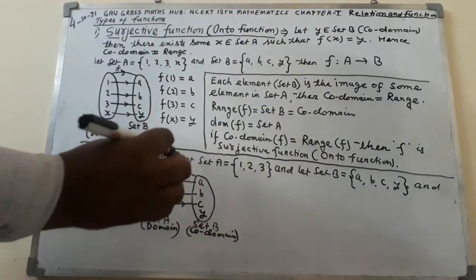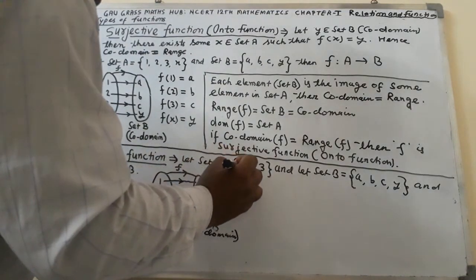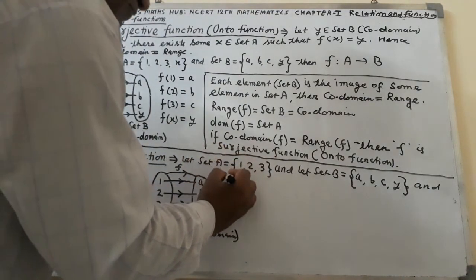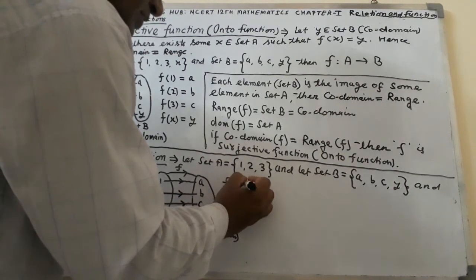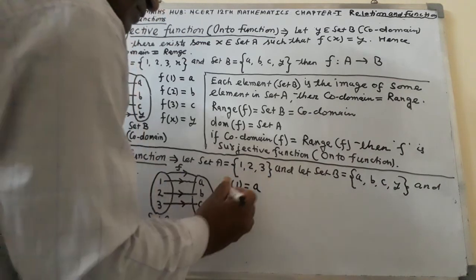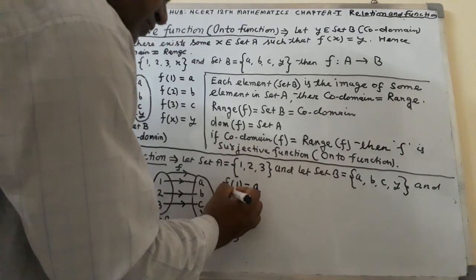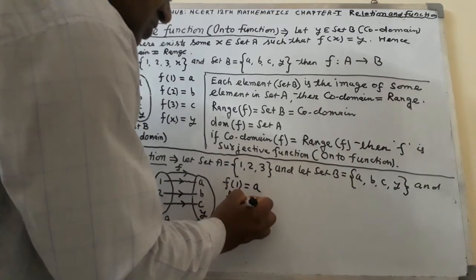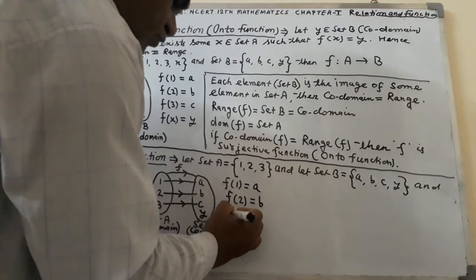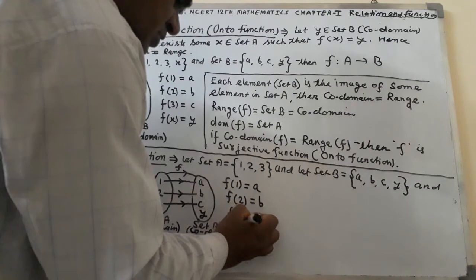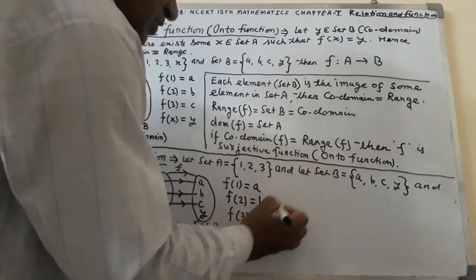So here I can write: the image of 1 equals a, the image of 2 equals b, the image of 3 equals c.